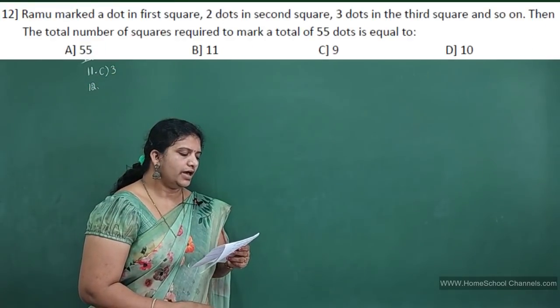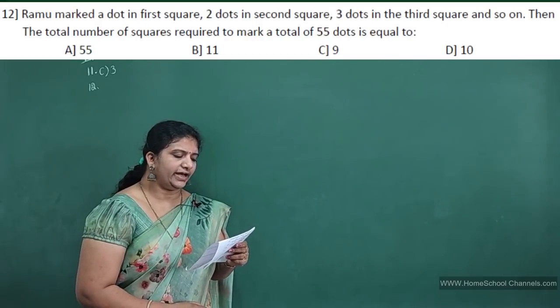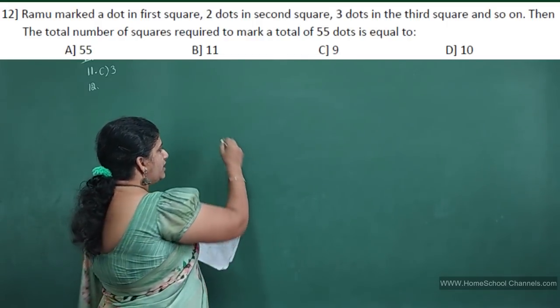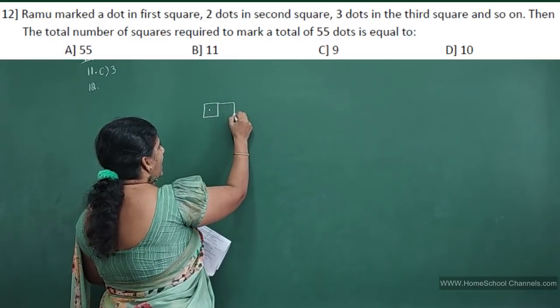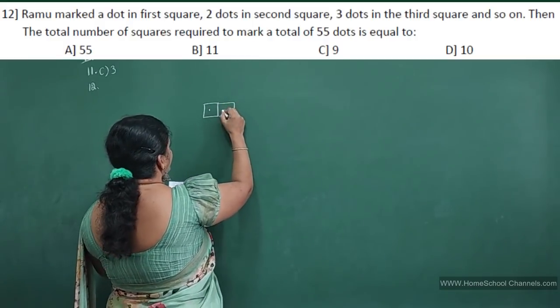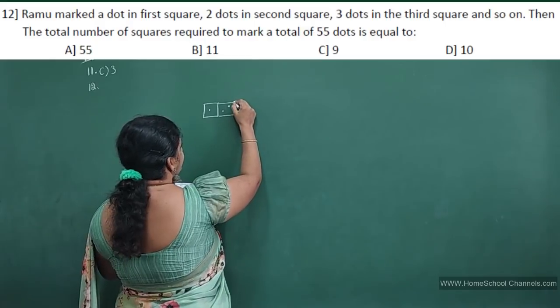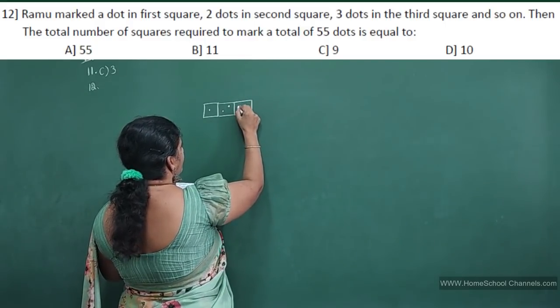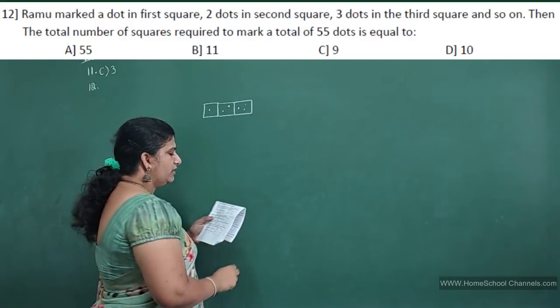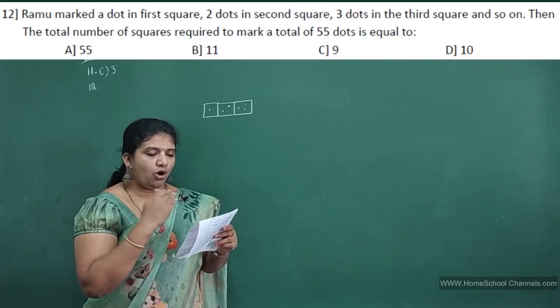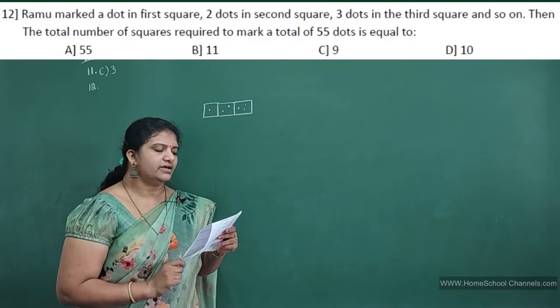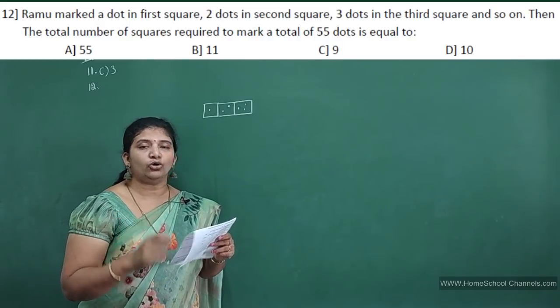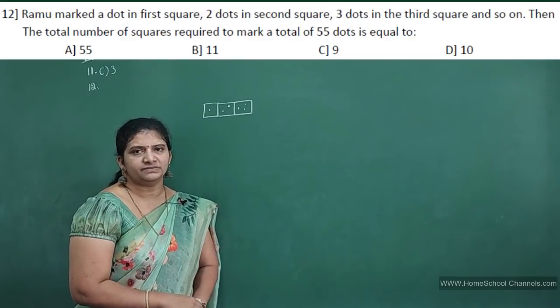12th one. Ramu marked a dot in the first square, and in the second square, 2 dots. Similarly, in the third square, 3 dots, and so on. Then find the total number of squares required to mark a total of 55 dots.